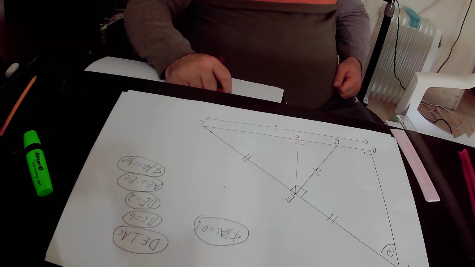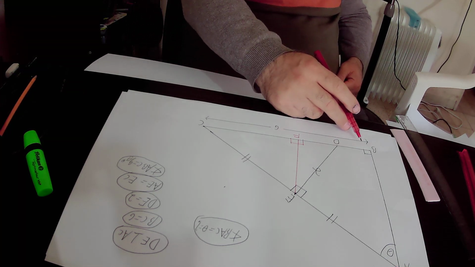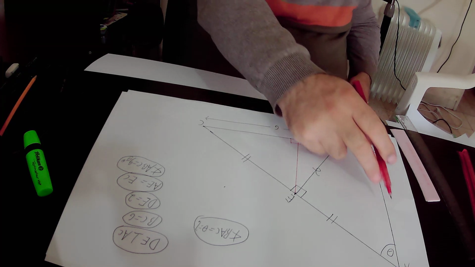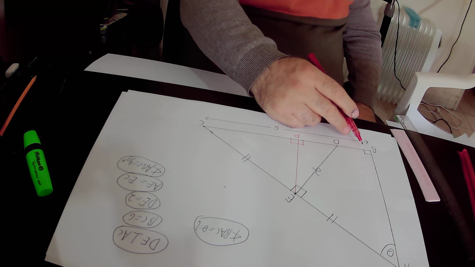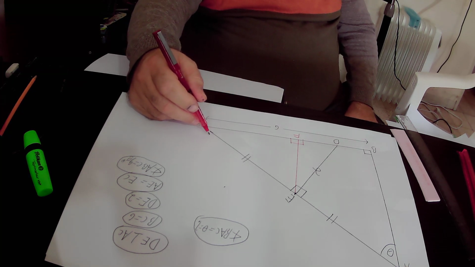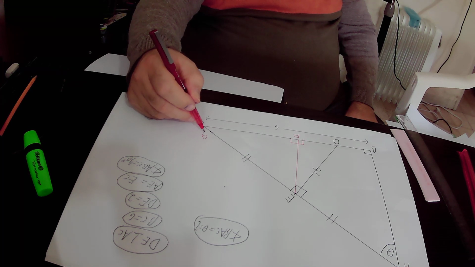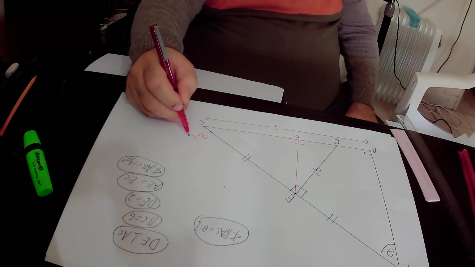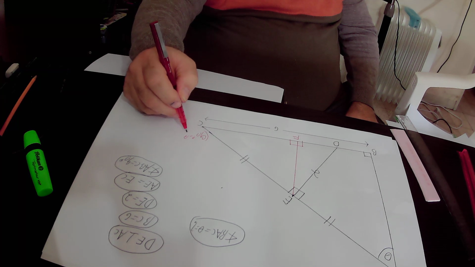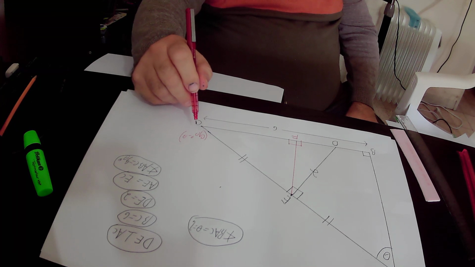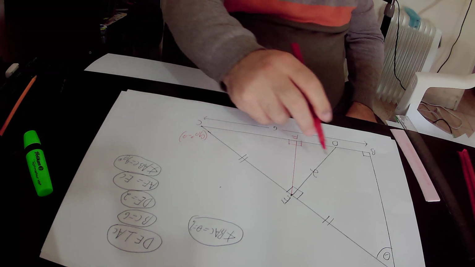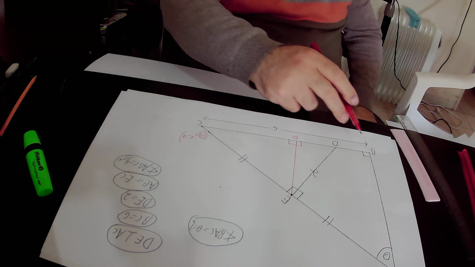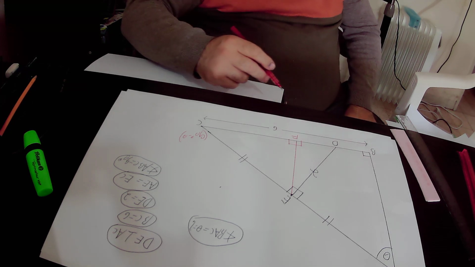We know that in the right triangle, triangle ABC, this angle equals theta, and this angle equals 90 degrees. Therefore, this angle must be equal to 90 degrees minus theta, in order to complete the sum of the angles, 180 degrees, because 90 degrees minus theta plus theta is 90 degrees, and 90 degrees plus 90 degrees is 180 degrees.